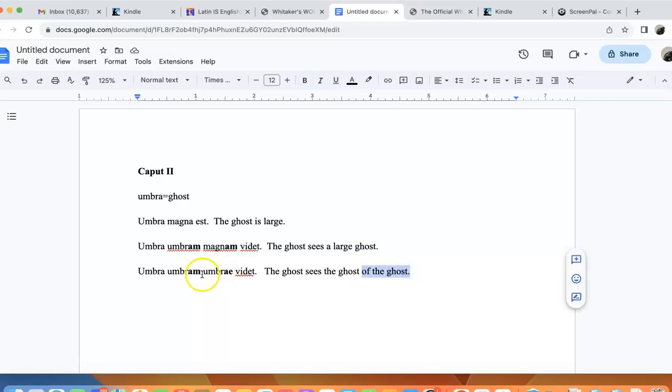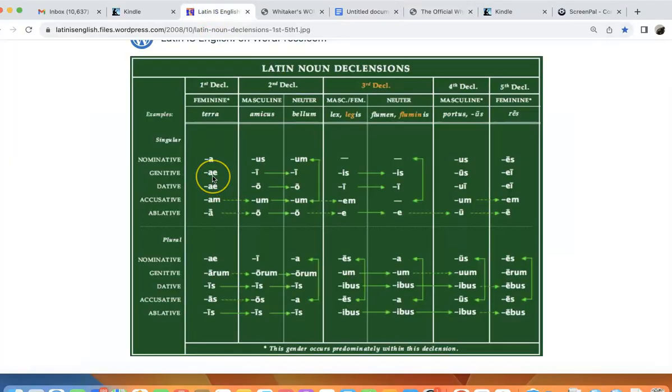So here's our genitive. So we go back to our endings here. You can see of the ghost. And your book gives some other examples of the genitive, but you'll see that when the genitive is used in the singular, it's AE. In the plural, it's erum. And again, the examples in your book also illustrate this. I'll do one more example.